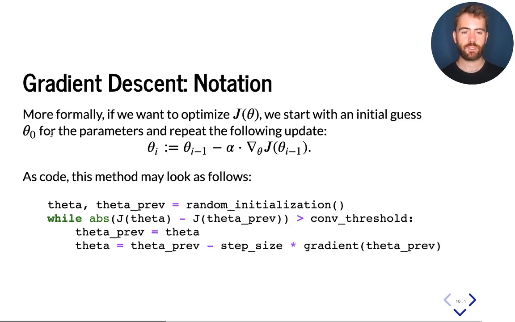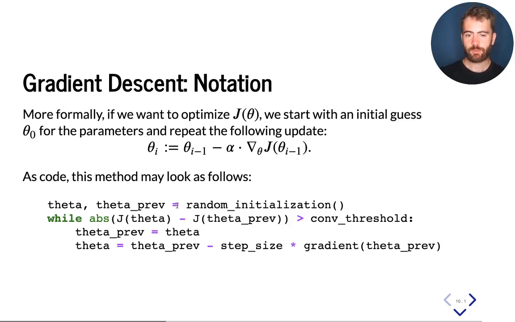We start at some initial guess theta 0 of the parameters, and we repeatedly apply this rule, where we take the gradient and scale it by a step size alpha, which is how far along this direction we want to go, and then we combine this term with our current estimate of the parameters to obtain a new set of parameters to which we move from our previous point.